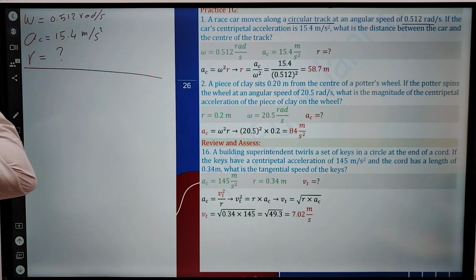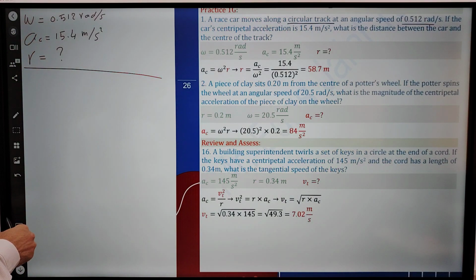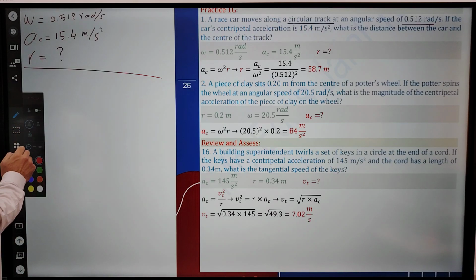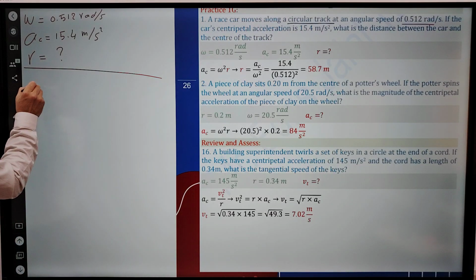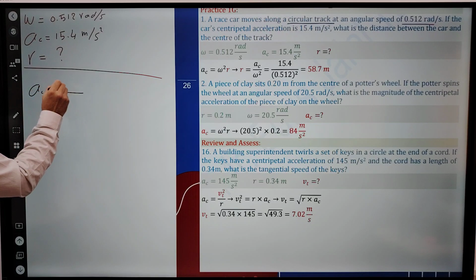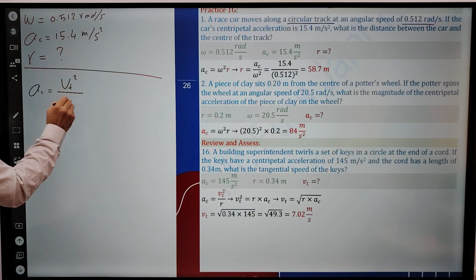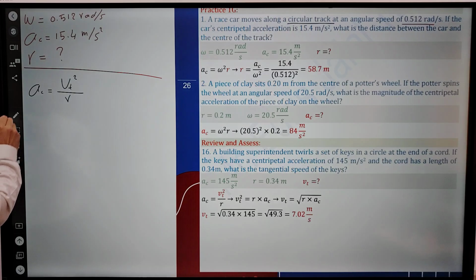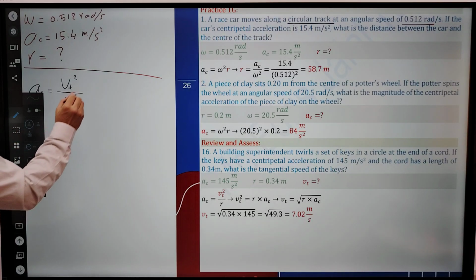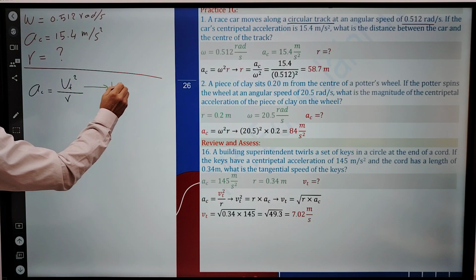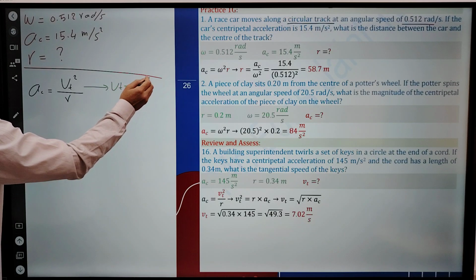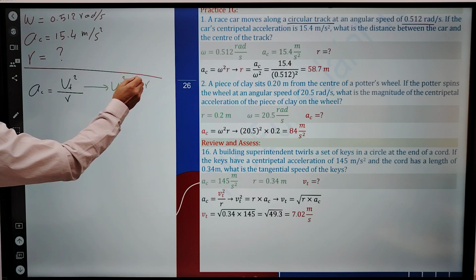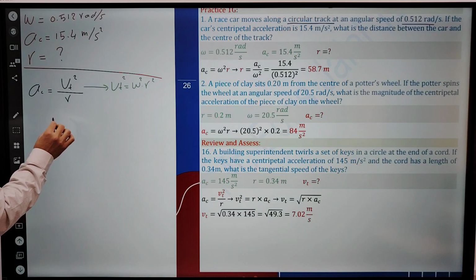So in this question, because the omega is given, we have to use this equation. As you know, AC is equal to what? Vt squared over R. Okay? And Vt is equal to what? Vt is equal to omega R. What about Vt squared? It is equal to omega squared R squared. Okay?